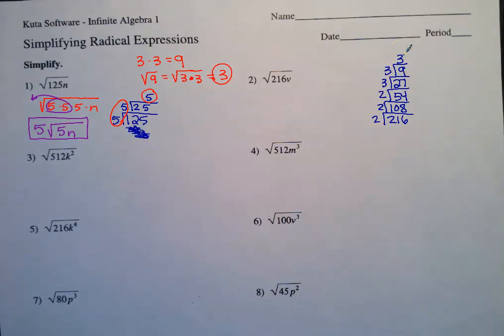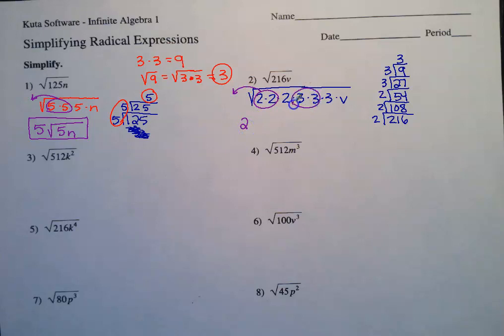So if I was going to rewrite this, this would be equal to the square root of 2 times 2 times 2, because there's 3 2's. And then there's 3 3's. So 3 times 3 times 3, and then times v. There are 2 2's that we can pull out.